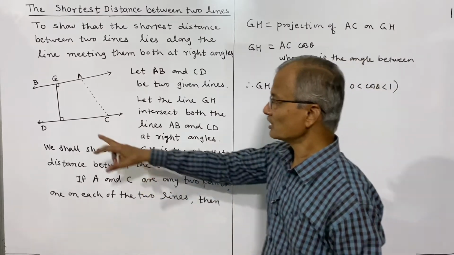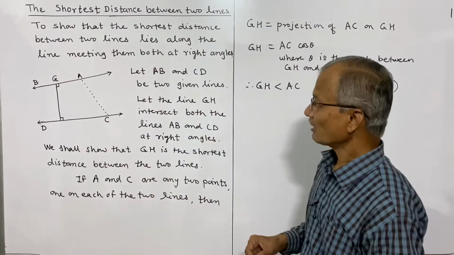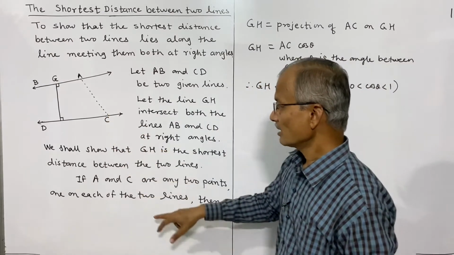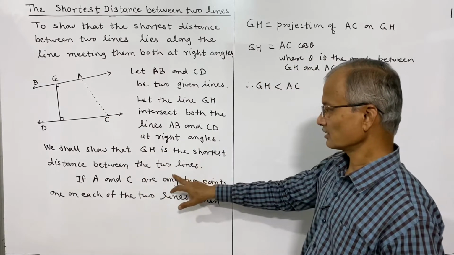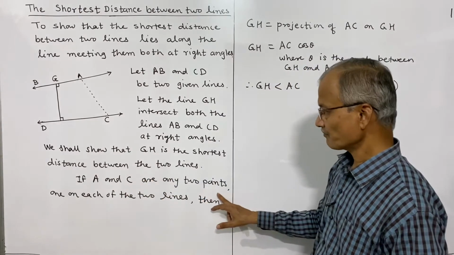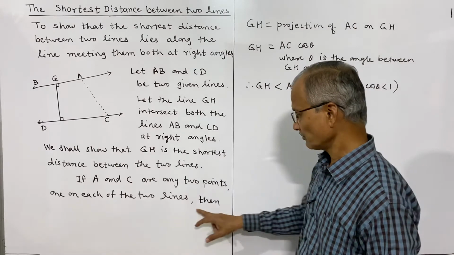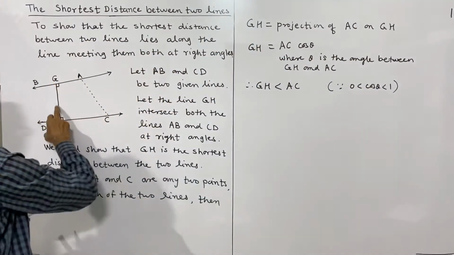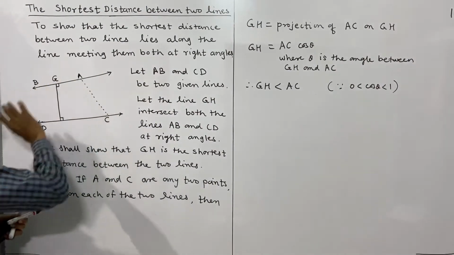So to show GH is the shortest distance, we have considered 2 points A and C. We shall show GH is the shortest distance between two lines if A and C are any 2 points, one on each of the two lines. Then GH is the projection of AC on GH.